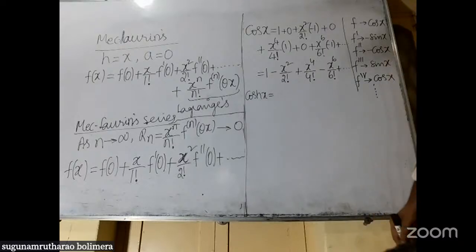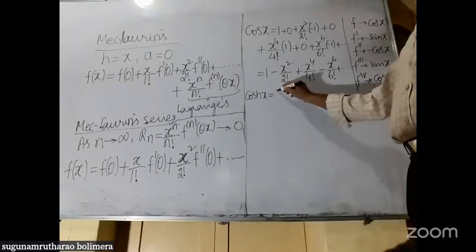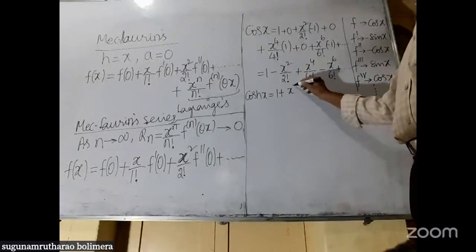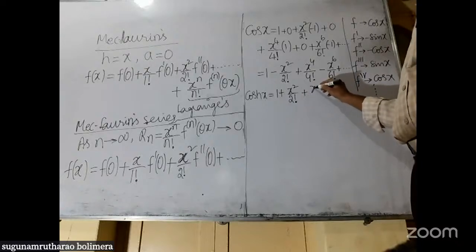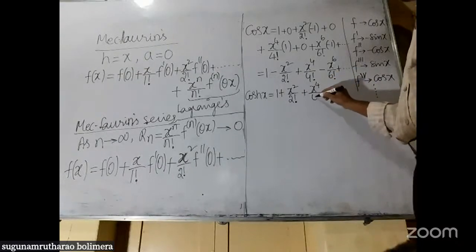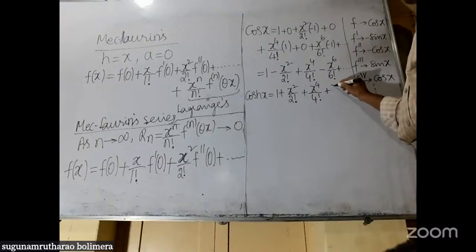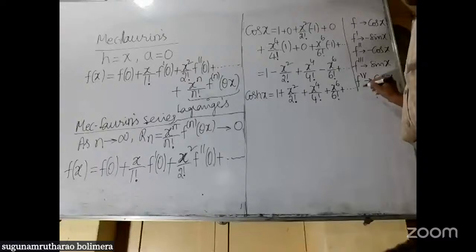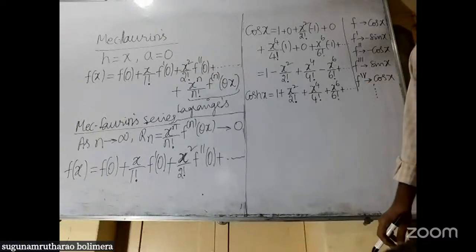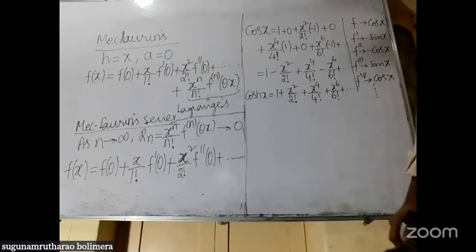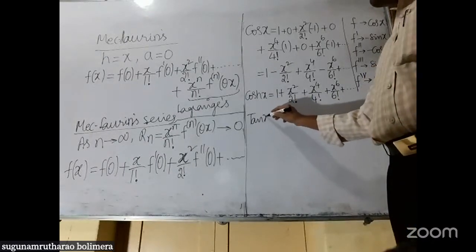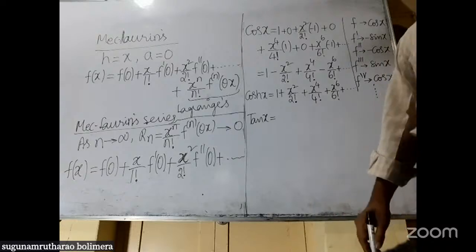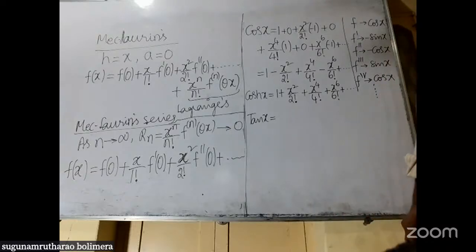For hyperbolic functions, cos hx is 1 plus x squared by 2 factorial plus x power 4 by 4 factorial plus x power 6 by 6 factorial plus so on. Okay. Next is tan x.